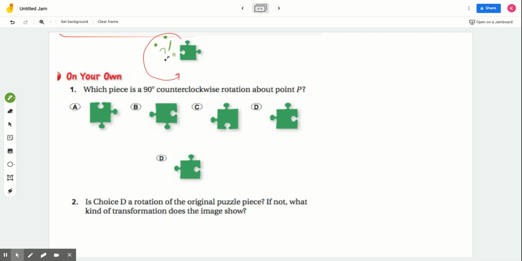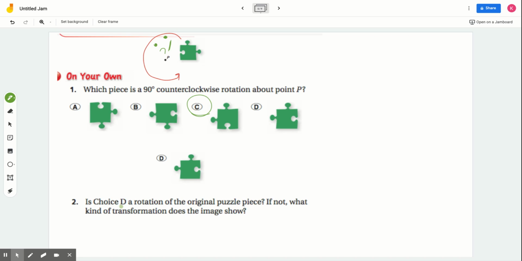So now my image would need to look like this. So I'm looking for an open at the bottom, an outward on the left and the top, and a straight side on the outside. So we can see that that is going to match image C. So image C is the 90-degree counterclockwise rotation.